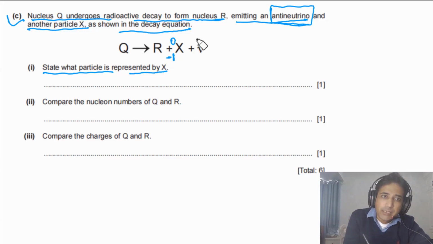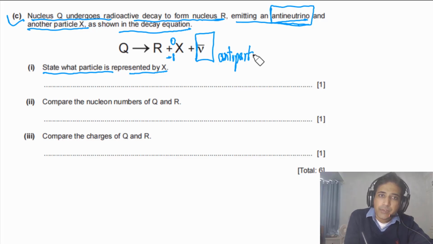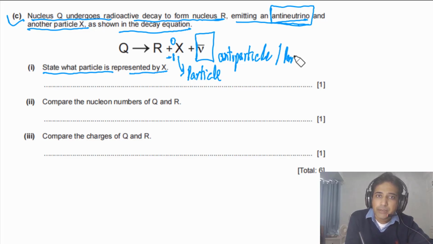If this is an antiparticle, this one has to be a particle, and vice versa is also true. If this is a neutrino, this one has to be an antiparticle.